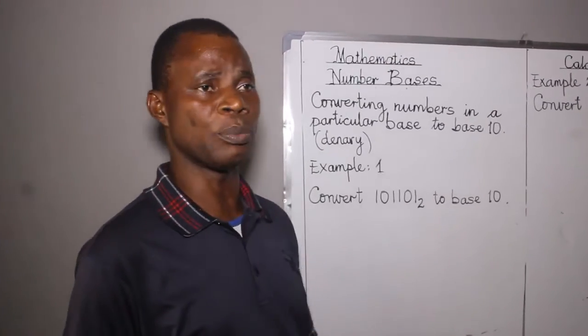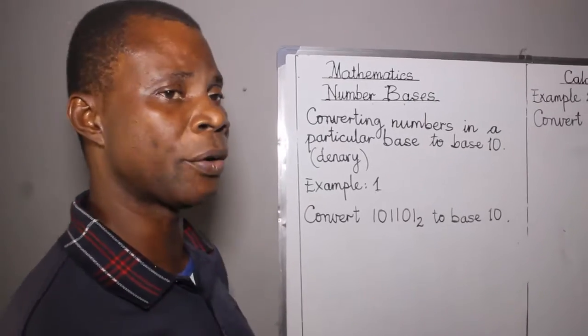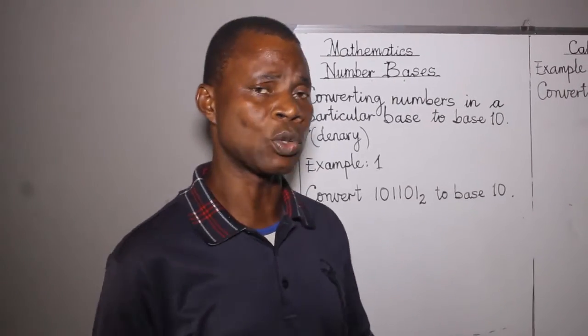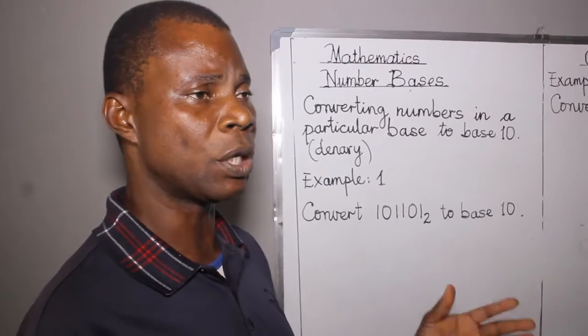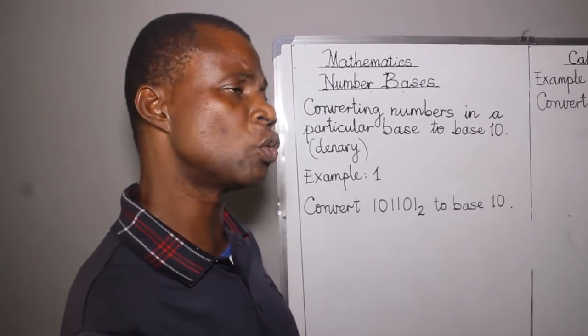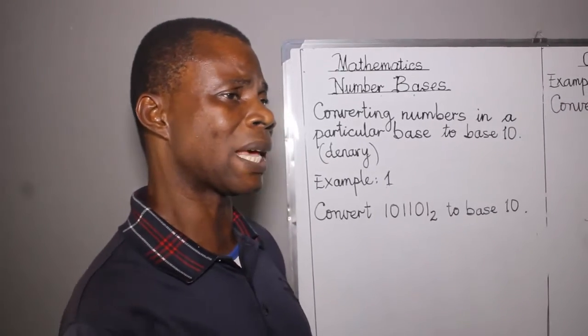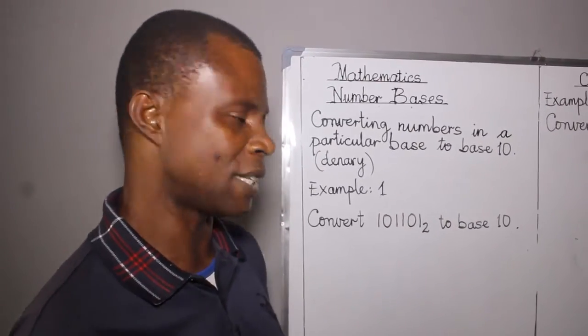We're going to convert it to base 10, meaning counting it in tens. When it's in binary, the highest digit we will get to is 1. We don't have 3 in binary. We have only 0 and 1, a single digit. That's the maximum. Once it gets to 2, it rolls to the next digit.